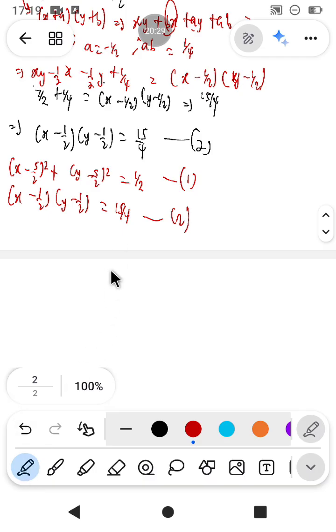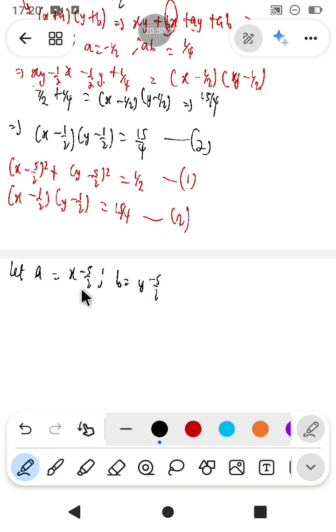Okay, now let's solve these two equations simultaneously. Now, for this to be very easy for us to solve, I'm going to make a substitution. Let A be equal to x - 5/2, and then let B be equal to y - 5/2.